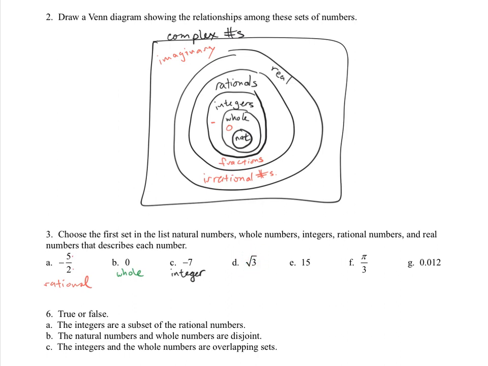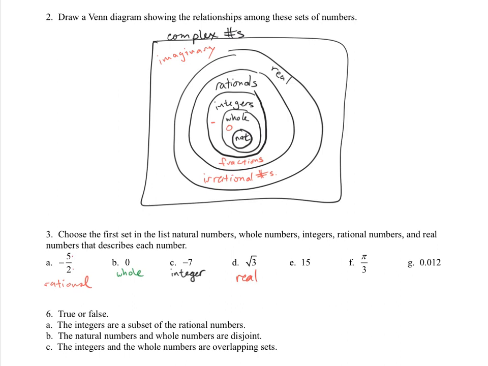So square root of 3 is not a whole number. It's not a natural number. It's not an integer, which are the whole numbers and their negatives. It's not a rational number because we can't express the square root of 3 as a fraction. So what it is really is a real number. Next, 15, that is a whole number that's positive.